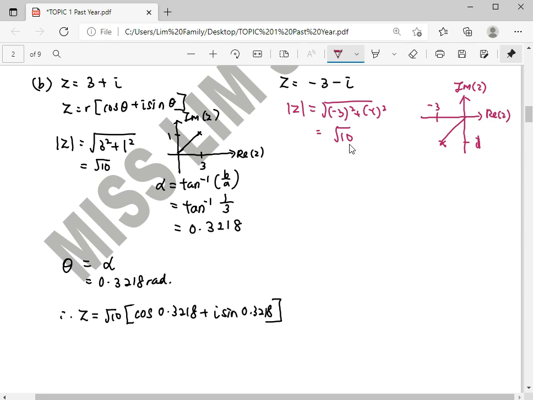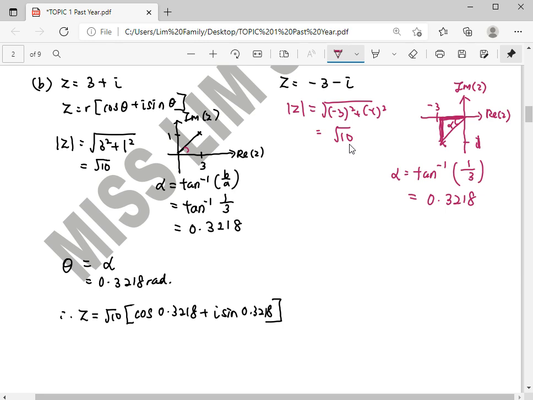So before I go for quadrant 3, I find the basic angle first. The basic angle is here, the basic angle alpha. Alpha equals shift tangent b over a. Remember, don't put your negative because we are taking the triangle length here. b is 1, a is 3. Just taking the length of the triangle in order to find the basic angle. So we are getting 0.3218.